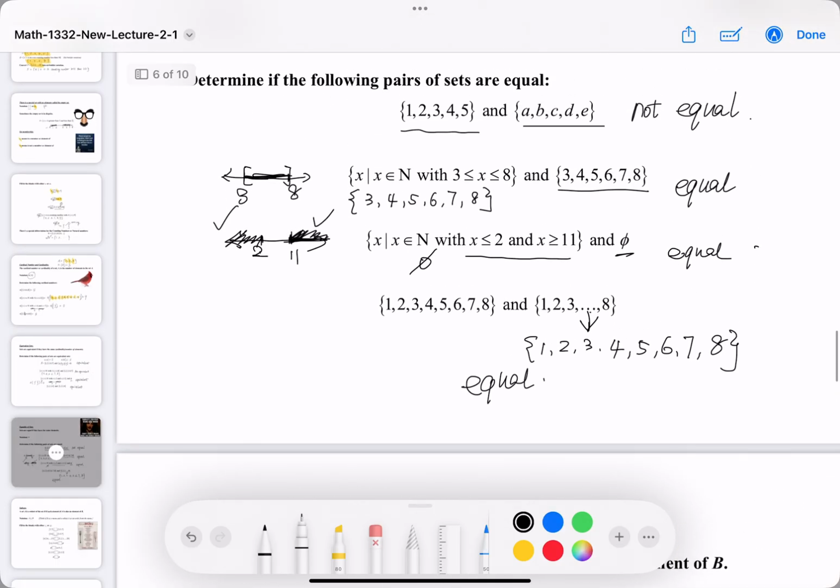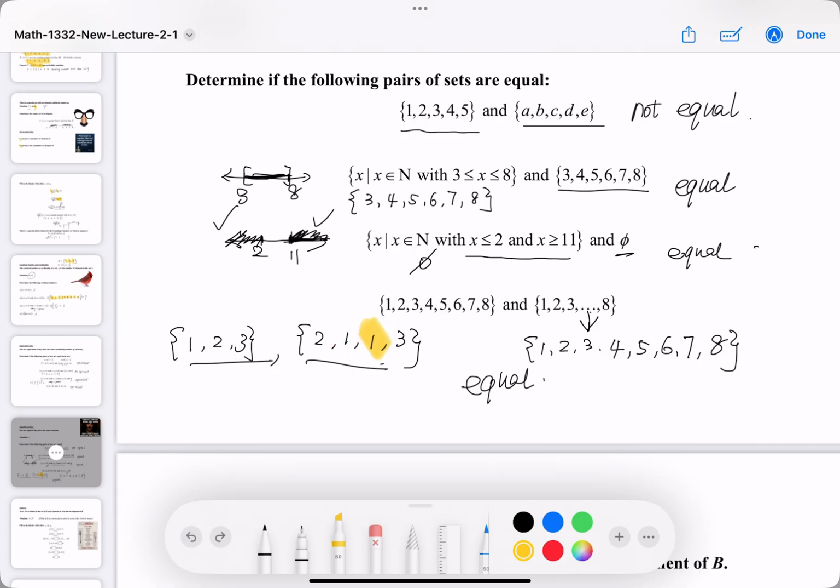Let me ask you a tricky question. If I have a set 1, 2, 3, and I have another set 2, 1, 1, 3. Are these two sets equal? Some of you say no, they are not equal because we have 3 elements in the first set, 4 elements in the second set. But you see, we have repeated ones.